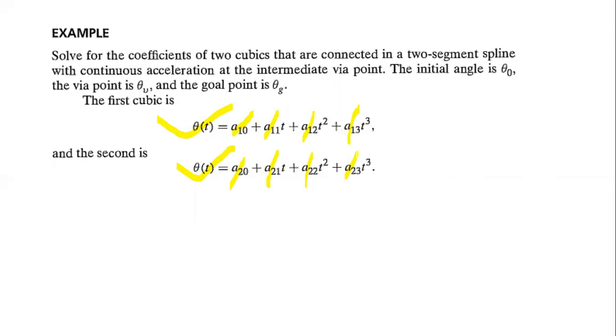For that, we will need the initial conditions. The initial angle is theta naught, and corresponding to this initial angle, we know that the motion is 0, so velocity is 0. The link starts moving at this initial angle, and the goal point is given, and we know that at the goal point the link stops moving, so the velocity will be 0.